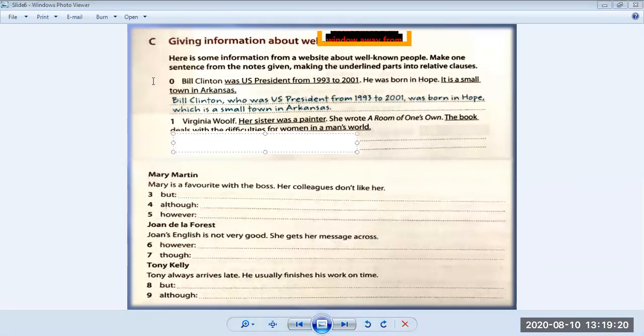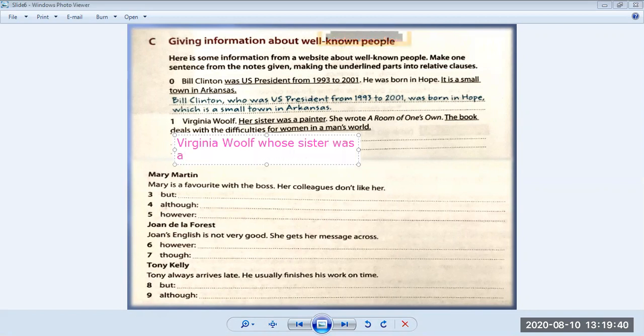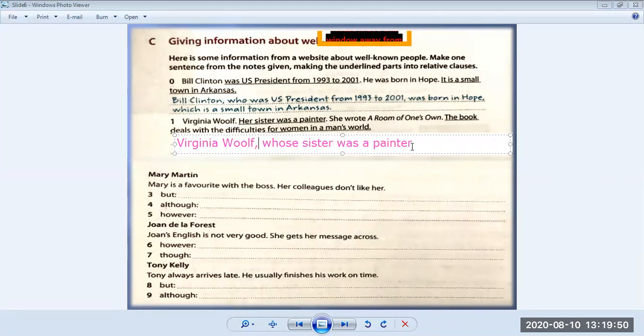So here, Virginia Woolf, whose sister was a painter. If you think it is the main information, you can leave it like that, but this is extra information. We have to use a comma.